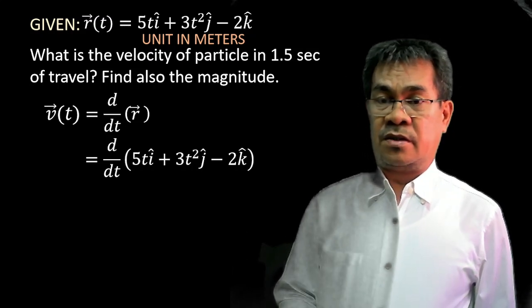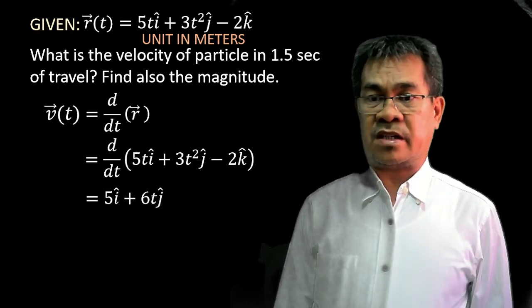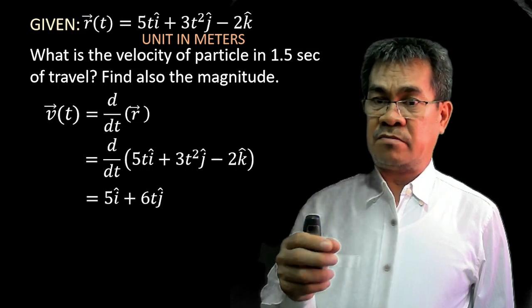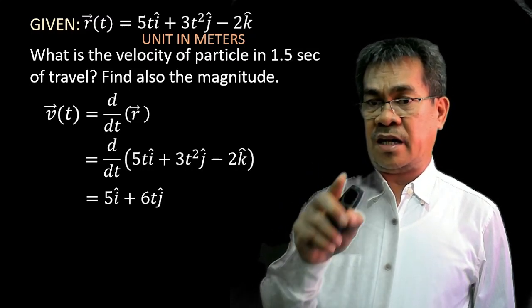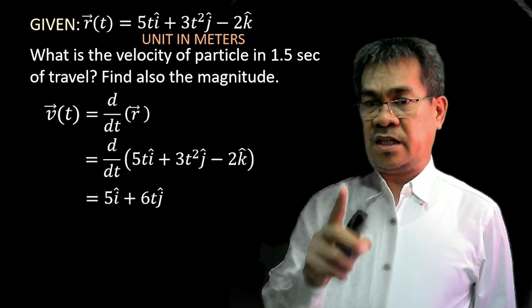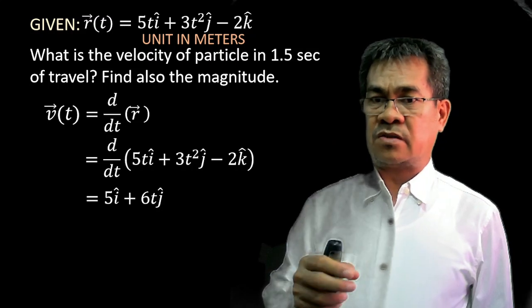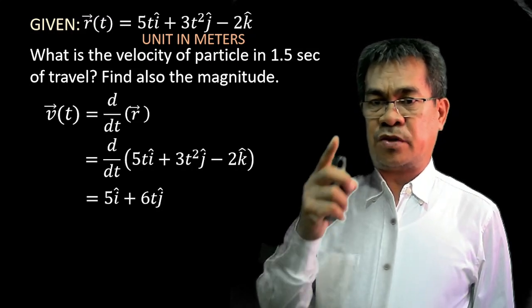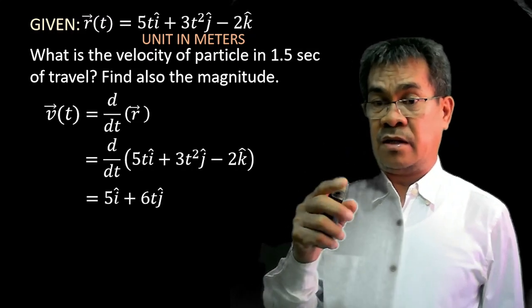When you apply the power rule to each term, the result becomes 5 i hat plus 6t j hat, because in the first term, 5t i hat, t is a first degree variable. When you apply the power rule, the exponent becomes 0. So t raised to 0 is 1. So we are left with only 5 i hat.